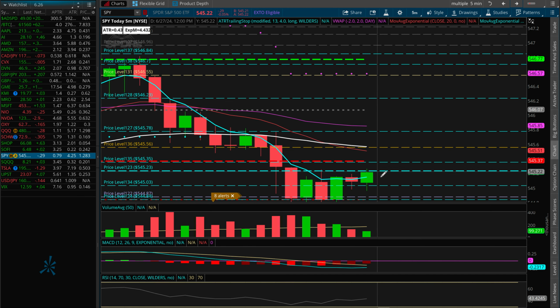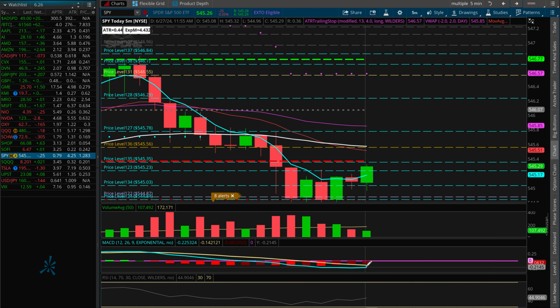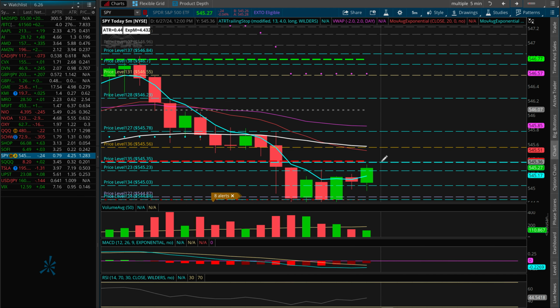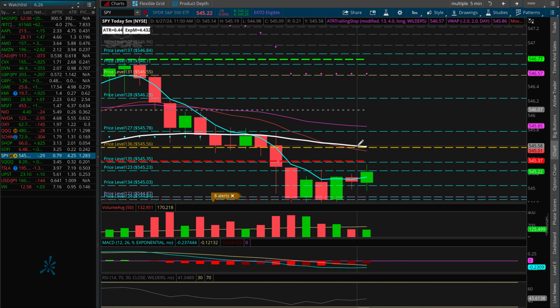And we definitely need to watch this area, and look at our MACD. Our MACD hasn't crossed, but it looks like it's getting a little bit closer to where we were than before, right? So back to the upside, again, our trouble place is 545.35, and this area here of the 50 EMA, the 20 EMA, and this gold line that stopped it before, right?